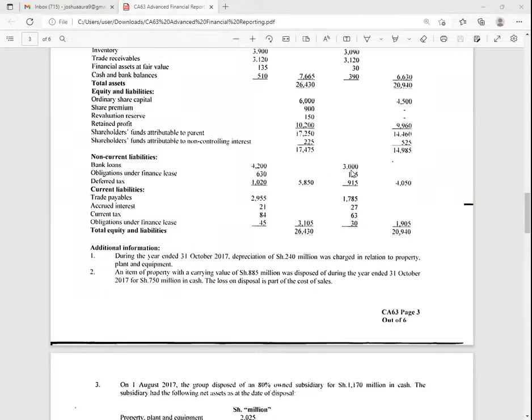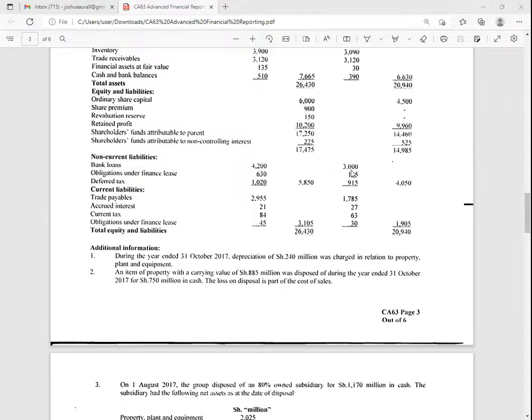So in my T account, brought down on the credit side is 3,000. And then carried down on this side, I can see it is 4,200.